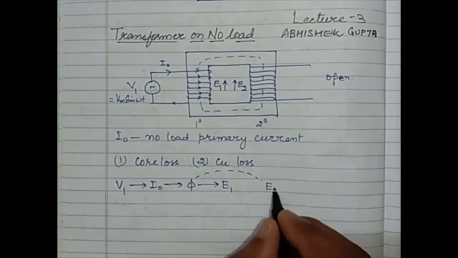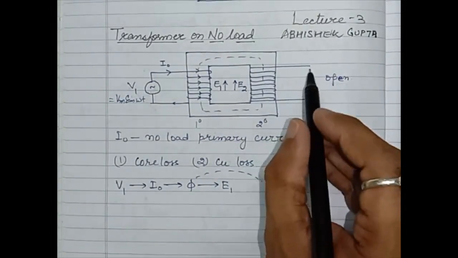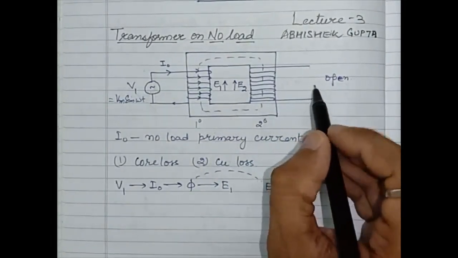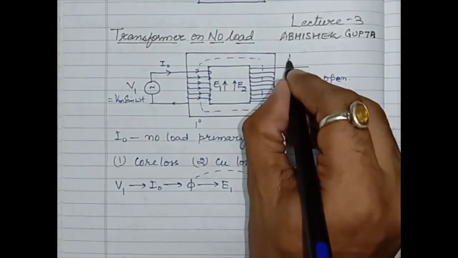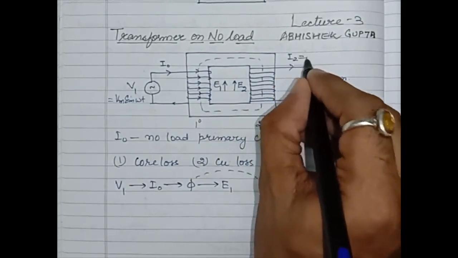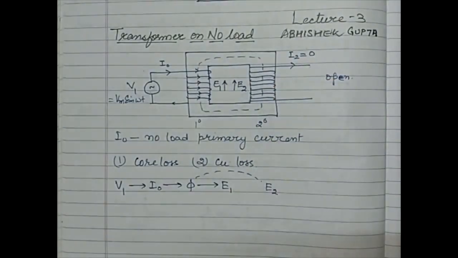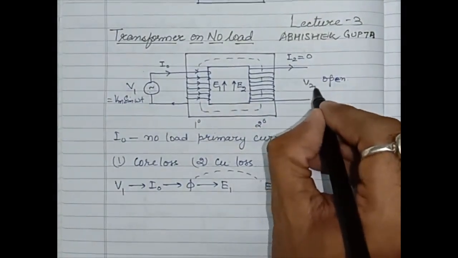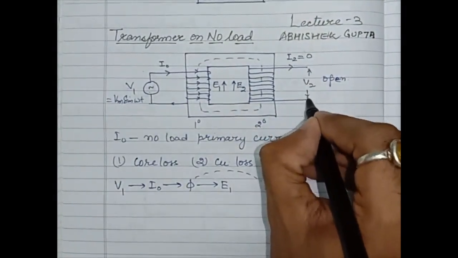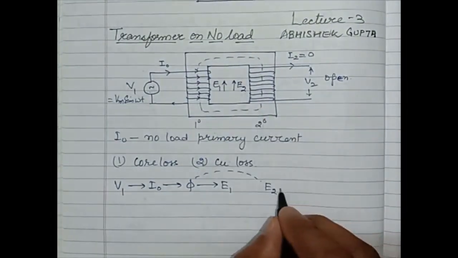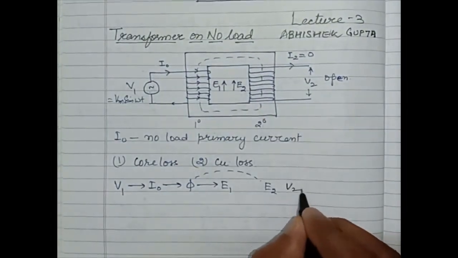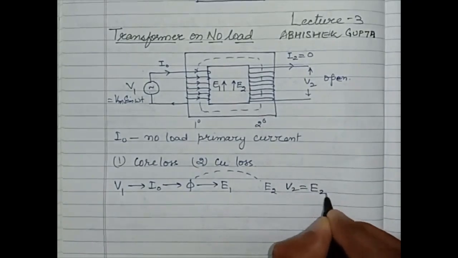As this terminal is kept open, the current I2 is equal to 0. Why is it 0? Because it is an open circuit, the current will not flow, and the terminal voltage V2 is equal to E2.